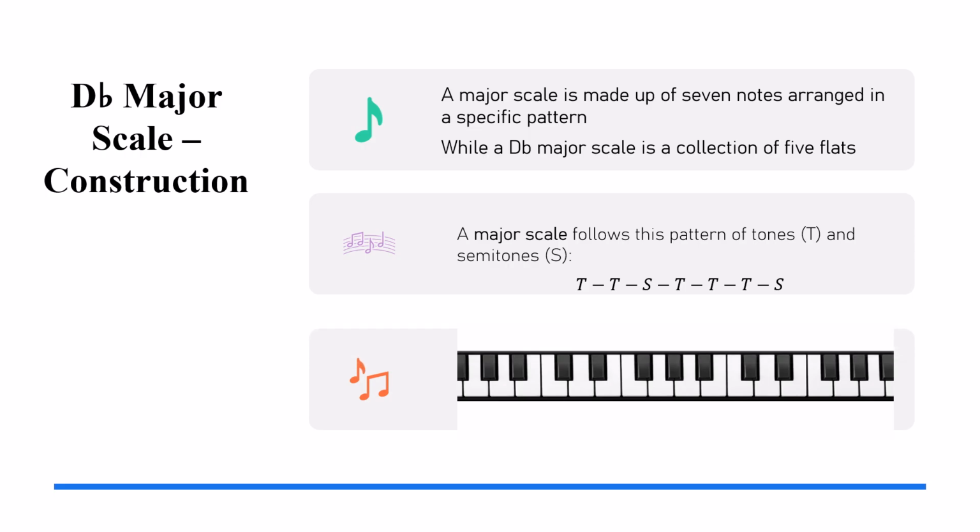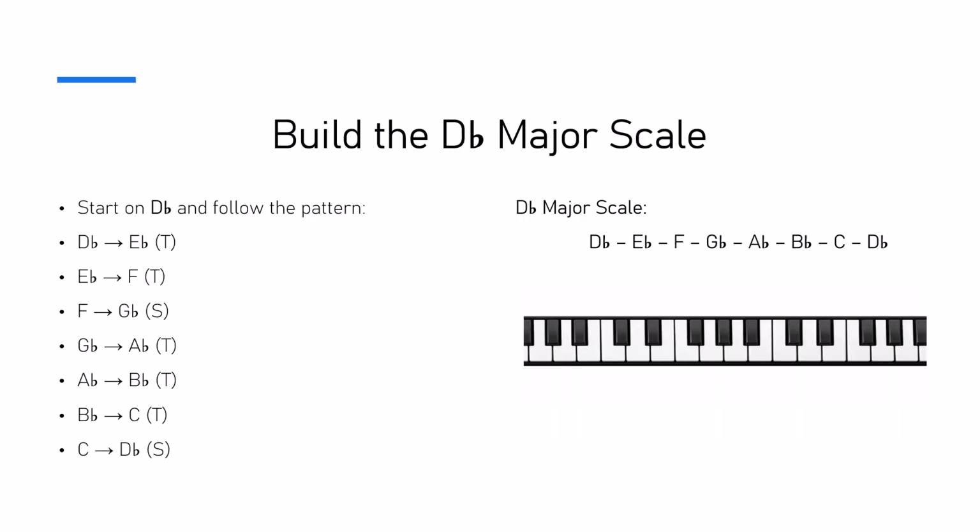D flat major scale is a collection of 5 flats. We want to build the D flat major scale. You start from D flat and follow the pattern.